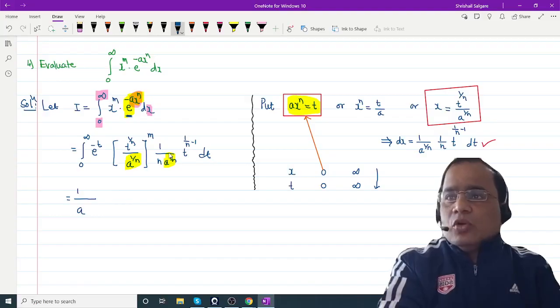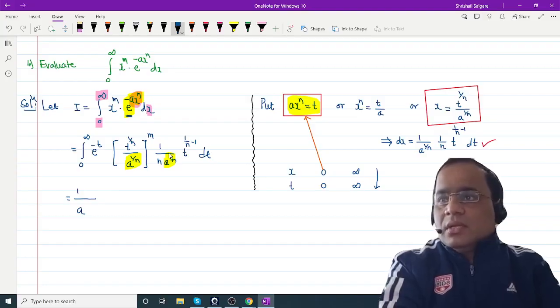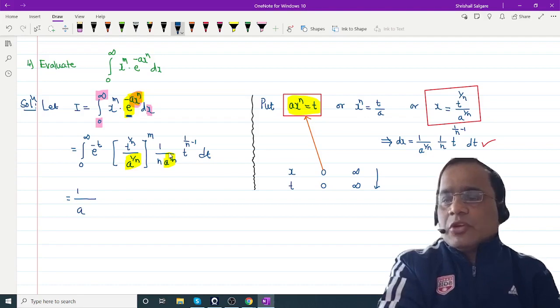I have highlighted both terms in yellow color. Just look at the term. Here we are having m by n, and here we are having 1 by n. So addition of the power, what will be the resultant?